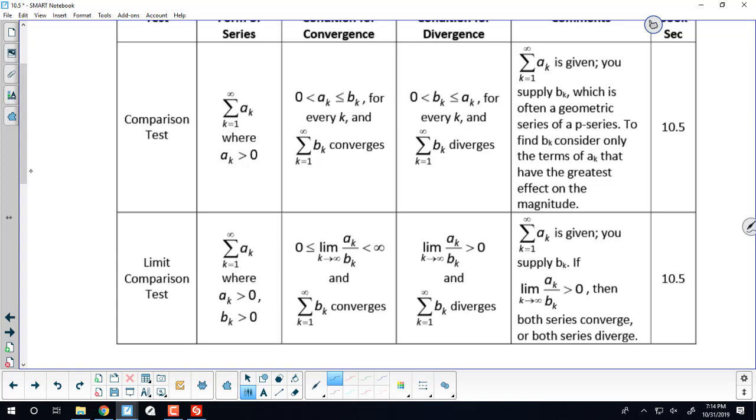So what do we have? We essentially have three different tests left to talk about. Fortunately, when we move into the next section, chapter 11, we really only take 2 of these with us, and the geometric and 2 other ones. So we don't take all of these with us. But in chapter 10, we need to know all of these.